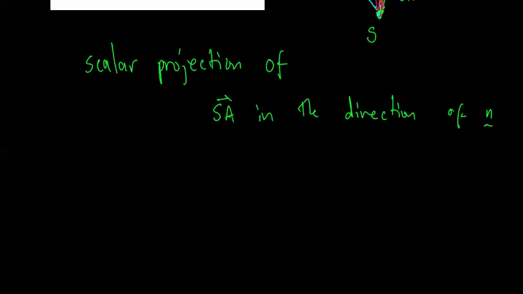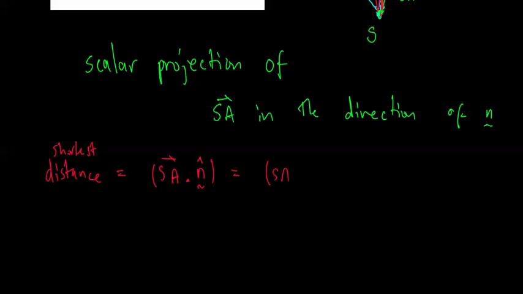So go back to scalar projection. The scalar projection of SA in the direction of n is our shortest distance, and that is equal to SA dotted with n hat, which is SA dotted with n divided by the magnitude of n.